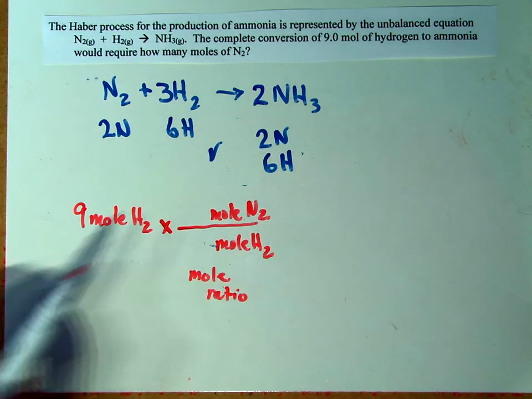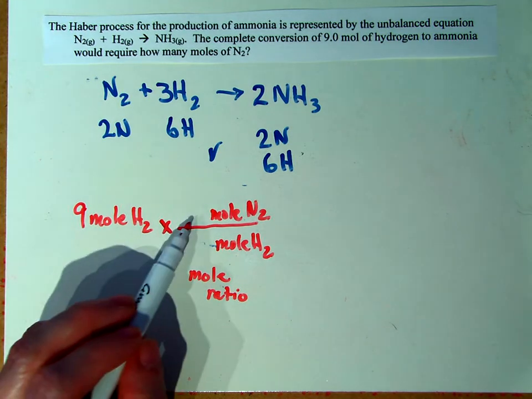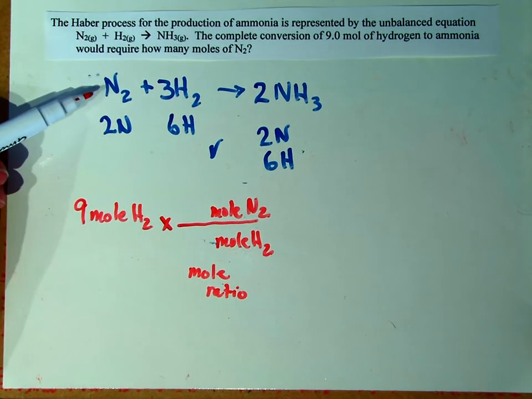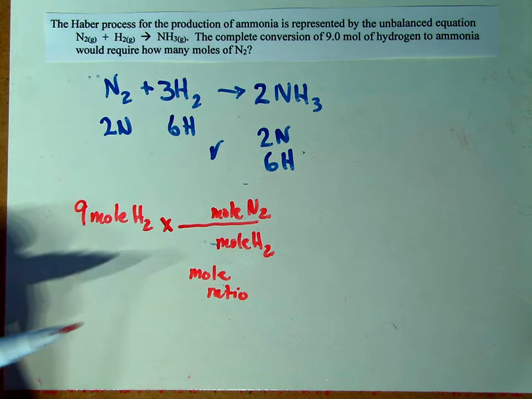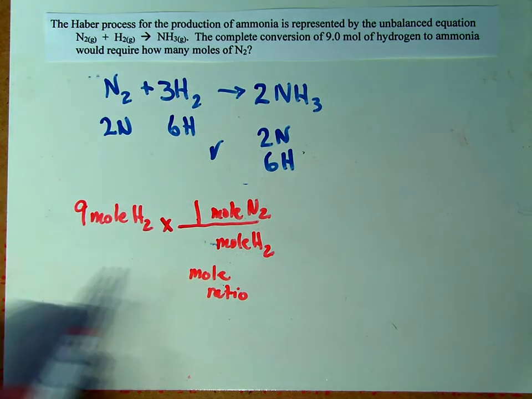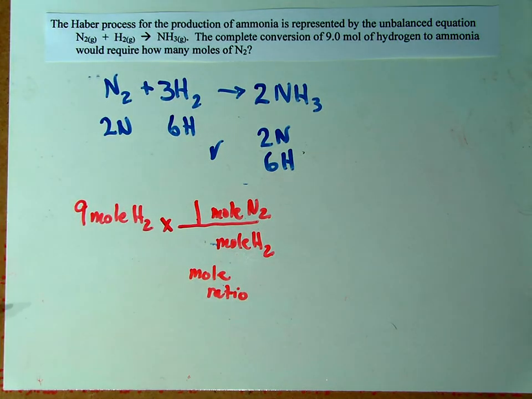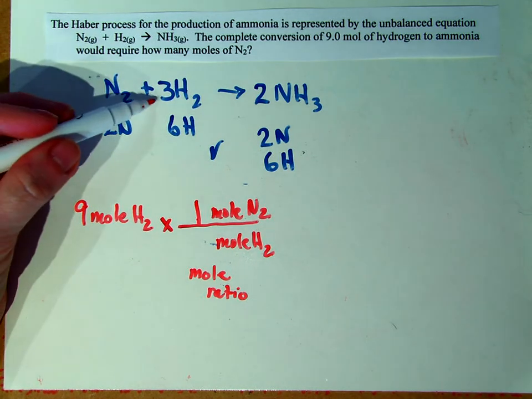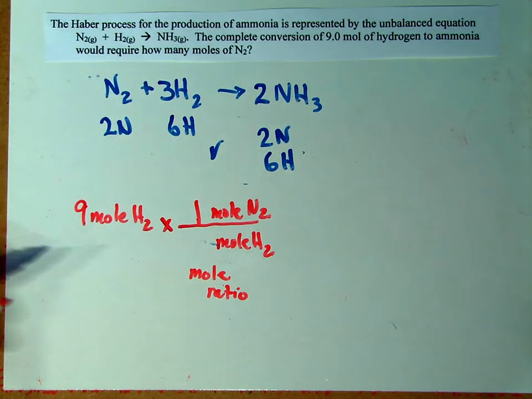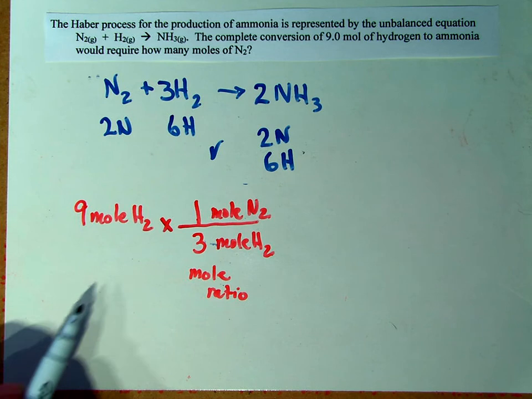So we have moles of nitrogen on top, and the number that goes here is the coefficient in front of nitrogen in our balanced equation, which is just a 1. And we have moles of hydrogen on the bottom, and that comes from the coefficient that's in front of hydrogen. So we put a 3 there. All right. Now that we have that mole ratio, we can go through and see if we have any units that cancel out. It's so important to watch your units.